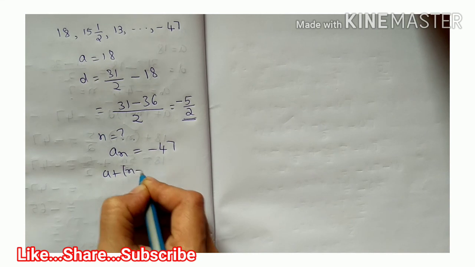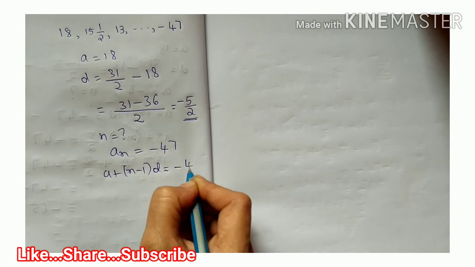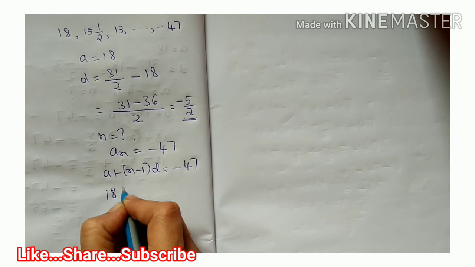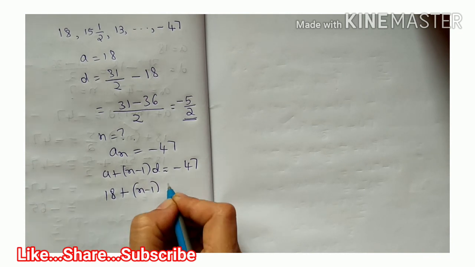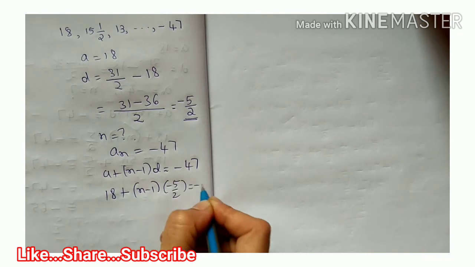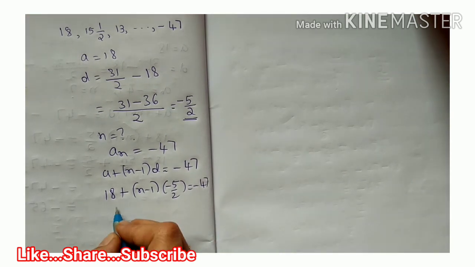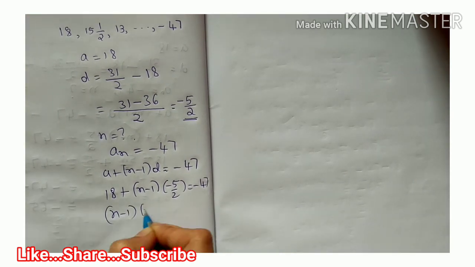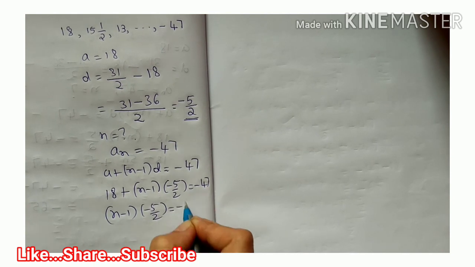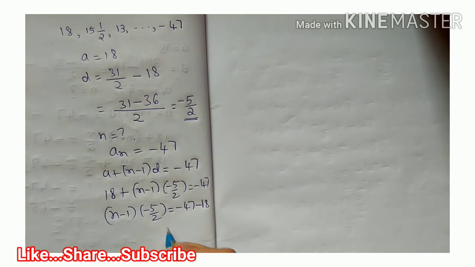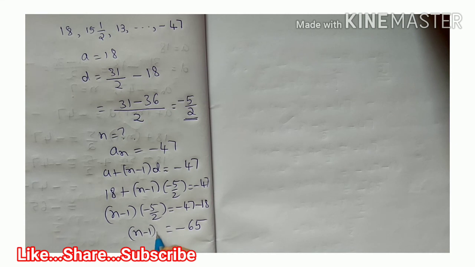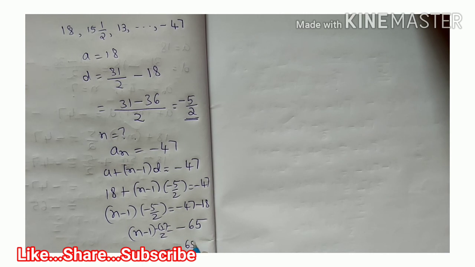A plus n minus 1 d is equal to minus 47. A is 18, n minus 1, d is minus 5 by 2, is equal to minus 47. Therefore, n minus 1 into minus 5 by 2 is equal to minus 47 minus 18, which is minus 65. Therefore, n minus 1 is equal to minus 65 into 2 by 5.